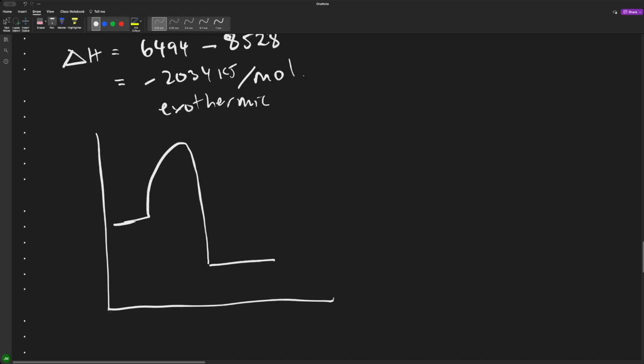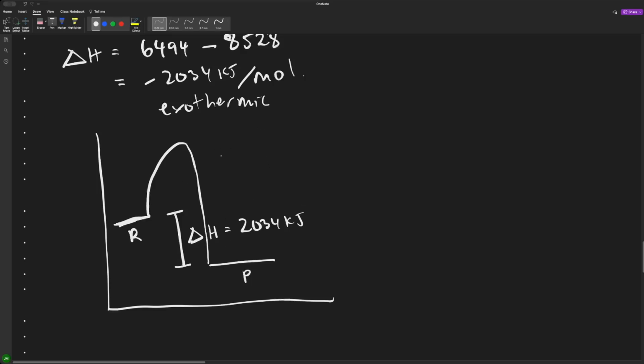Okay. Sitting over here on this level, we've got our reactants. I'm just going to represent them as R, and our products represented as P. Okay. Now, the difference in the energy of the reactants and products is your delta H by definition, and that is equal to 2,034 kilojoules, all right, for every mole, per mole.